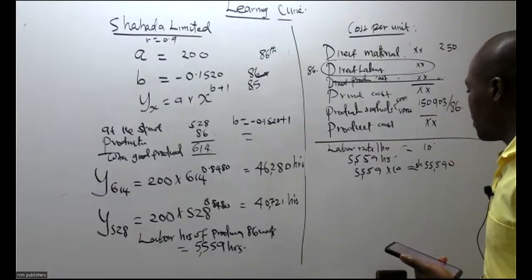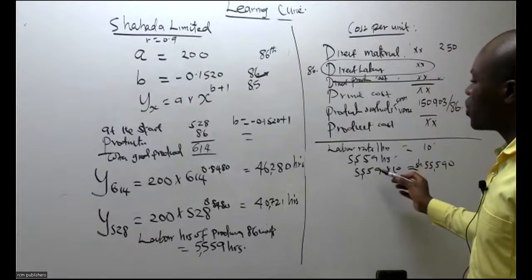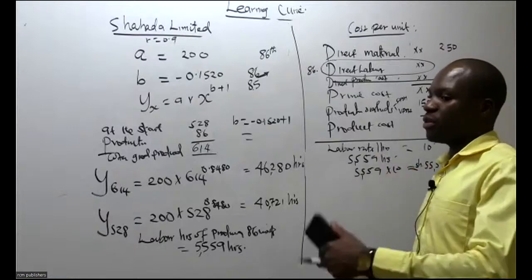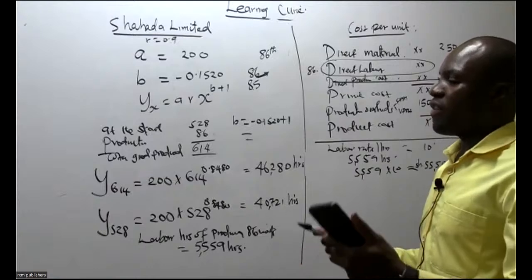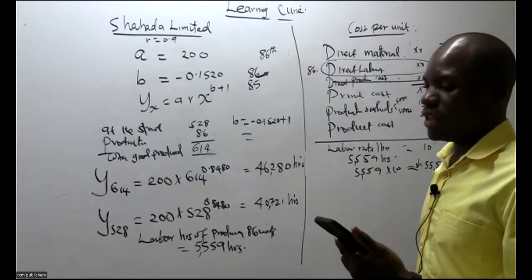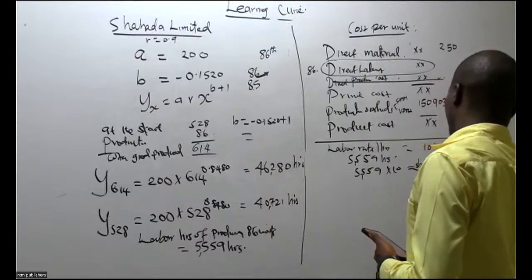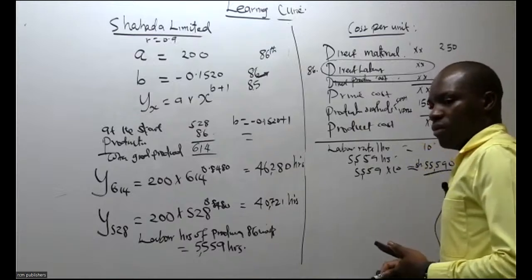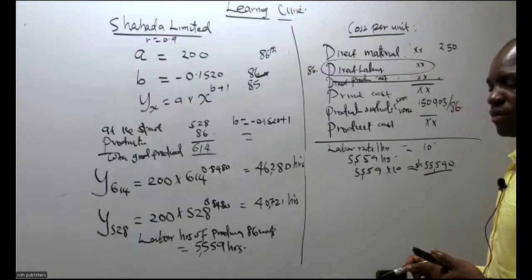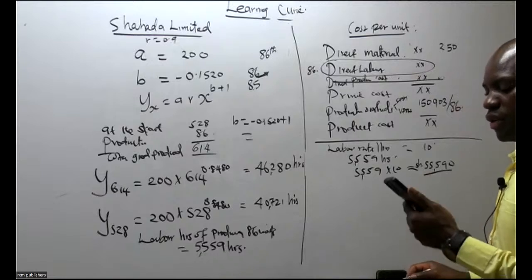That is the total labor cost. This amount was incurred during the previous period. And in the previous period, how many units did they manage to produce?